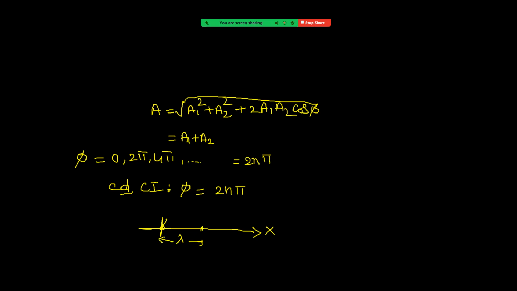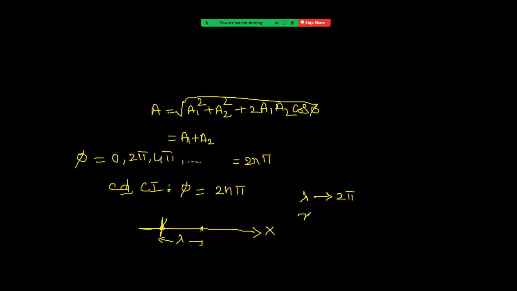That means now this point is about to oscillate. For this point the phase is 2 pi, and for this point the phase is now 0. So lambda distance corresponds to 2 pi phase.